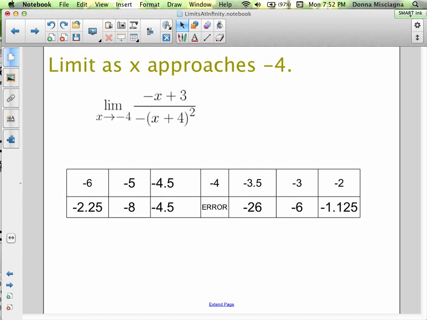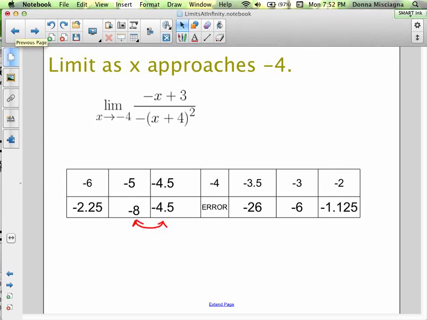I have a feeling these two values are reversed because it should be getting smaller and smaller as we get closer to -4. You see how it got stuck in the wrong place? I'll calculate it out later.